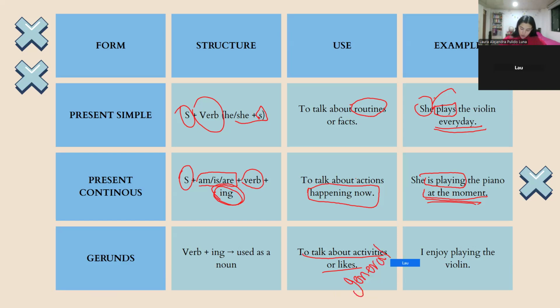General, not specific. For example, I enjoy. Remember that I told you enjoy is a verb that is followed by a gerund. I enjoy playing the violin.